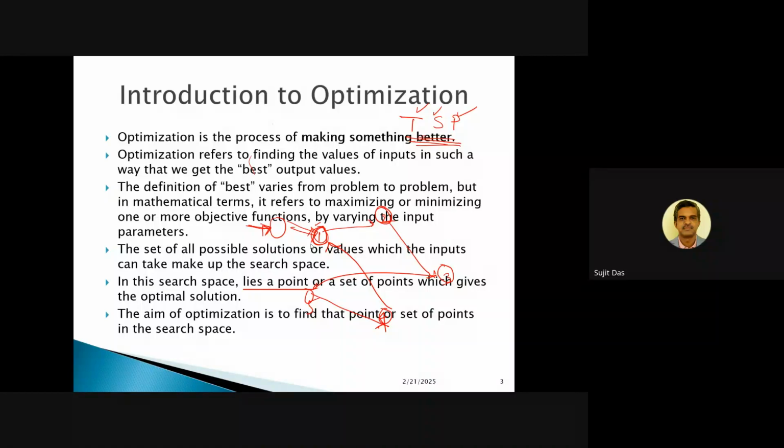But if we consider another objective, let us assume cost is one objective and time is another objective. Suppose I want to visit all these cities and come back to my initial city, and I want to optimize the time also. Time optimization means obviously we'll go for minimizing the time.